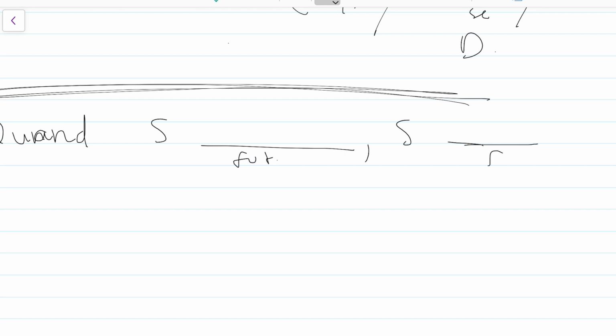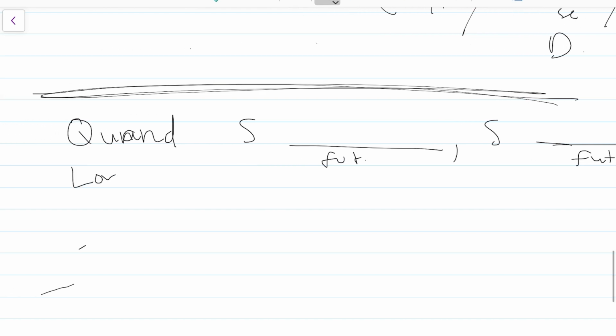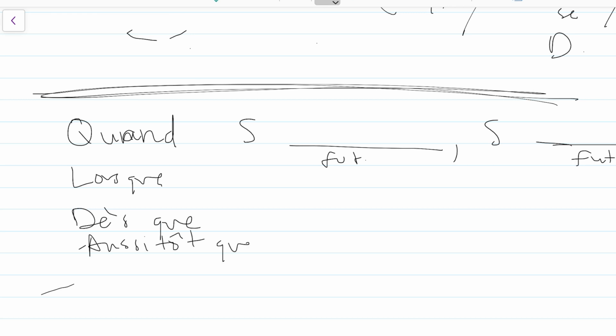So these are both using futur in both slots. That's the same thing with lorsque, which also means when, with dès que, and aussitôt que, which both mean as soon as. They'll have a subject, a future verb, a comma, and another subject and a future verb.